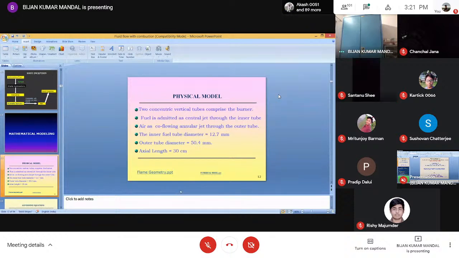So let us see the physical model. Okay, the mathematical model should be based on some physical model. Now what is the physical model? Basically, we are considering two concentric vertical tubes.